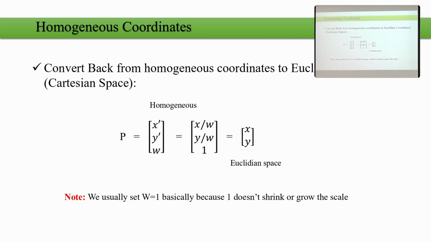So one time we multiply, the second time we divide, and we come back in the conversion from homogeneous to Cartesian and vice versa. In one single sentence, we usually set w to 1. Basically, we don't need to change the scale of the image on the system that we have.